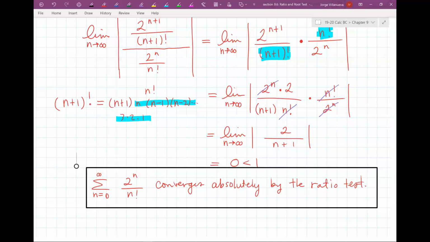It demands that you know how to break down powers of n, right? 2 to the n plus 1 means that you have a 2 to the n but then an extra 2. A 2 to the n plus 2 means that you have a 2 to the n times 2 times 2, right? There's 2 more bases in there. So they want you to be able to do that.